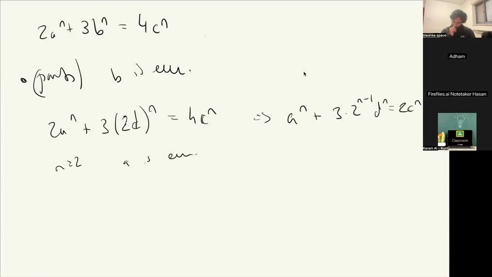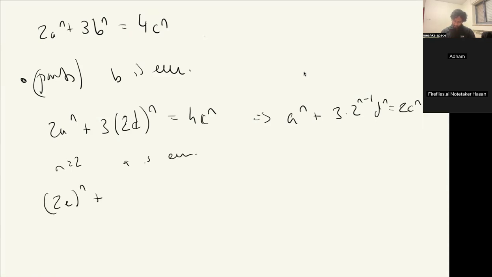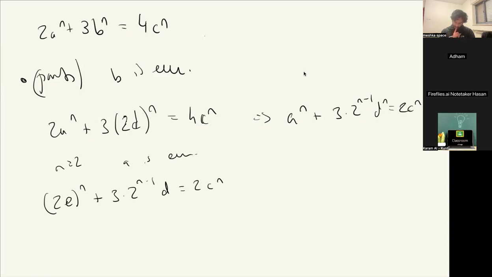And now if a is even, what happens? I can write a as 2e, so 2^n e^n + 3 times 2^(n-1) d^n equals 2c^n. Now you can take out more factors of 2.